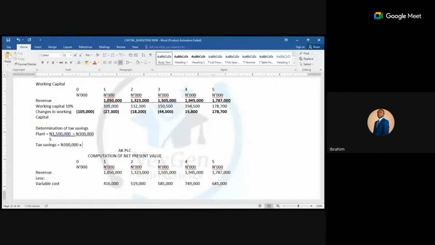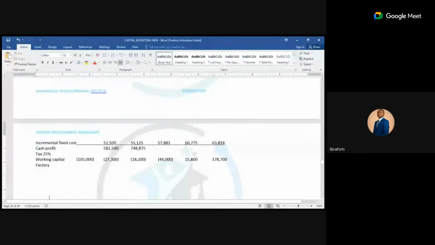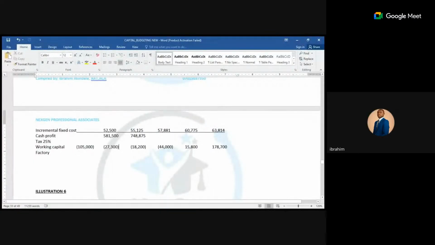The tax rate is 25%. What do we have? 75,000. So meaning that this 75,000 will be throughout the year, from year 1 to year 4. That would be the tax savings from year 1 to year 4.